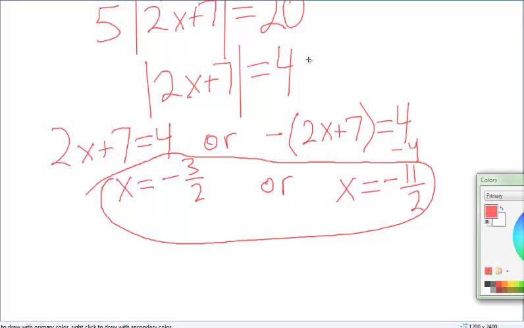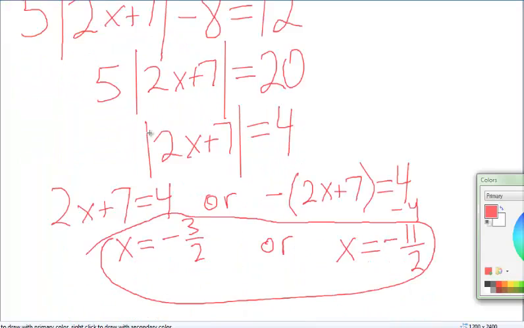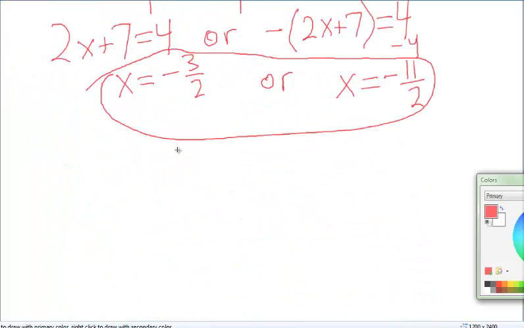Now, that's really all we have to deal with when we're solving absolute value equations, with one minor exception. What happens when we do this problem? And I'd like you to go ahead and try to solve this yourself. Be careful.